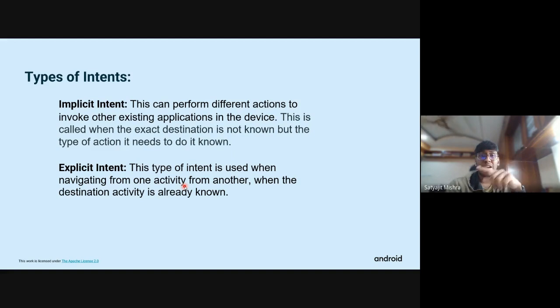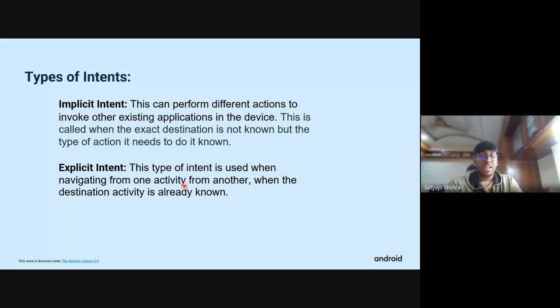When it asks you to choose your application, it can be your phone's default browser, or if you have Firefox installed, it will show Firefox, Chrome, Google, or your phone's default browser, and ask which app you want to use, right? That is how this works. That is the work of an implicit intent.